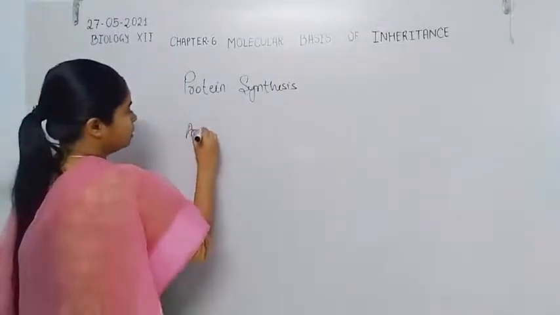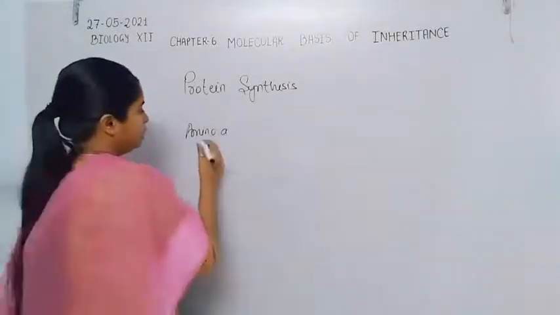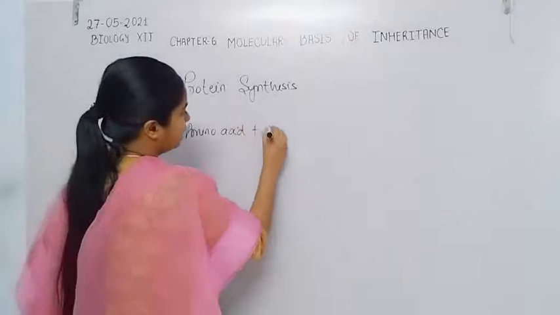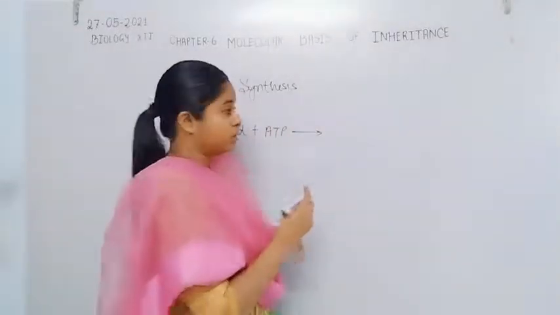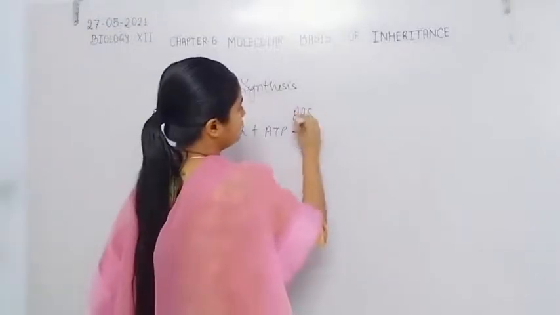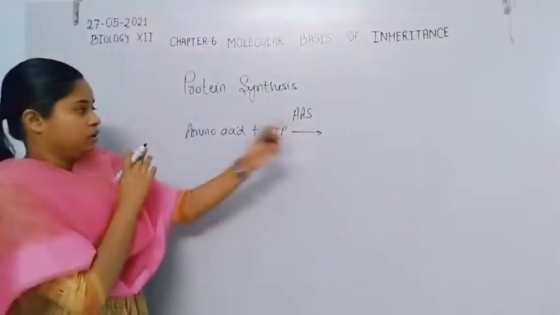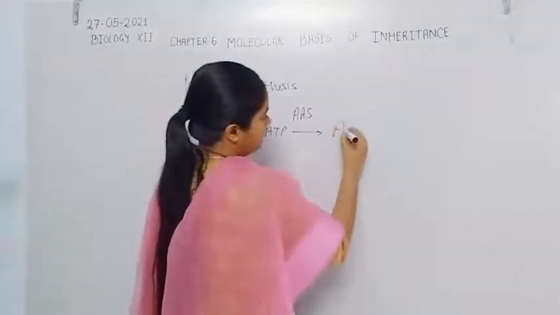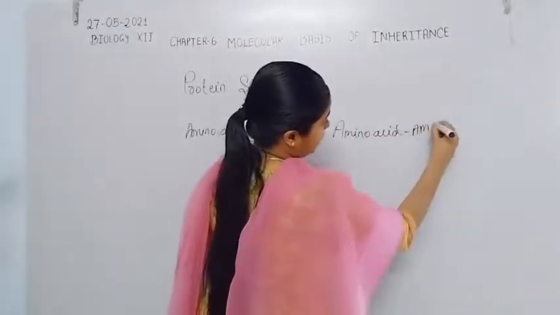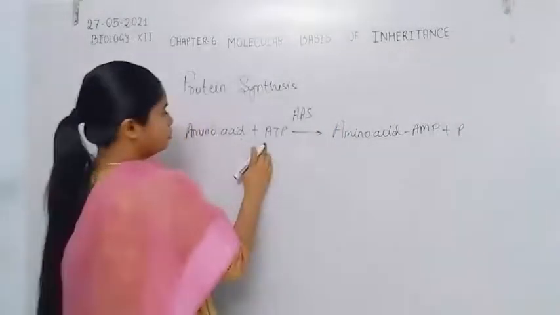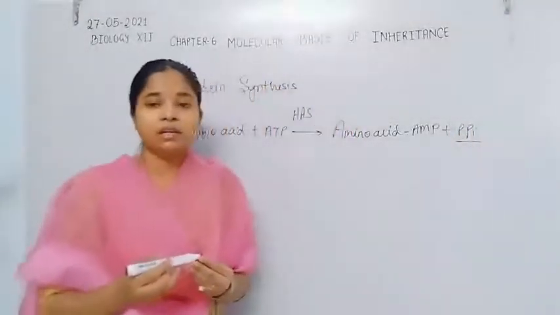Here is the amino acid, also called aminoacylation. The amino acid is activated by ATP in the presence of the enzyme aminoacyl synthetase and forms amino acid AMP, and two phosphate groups of ATP are removed in the form of inorganic phosphate.